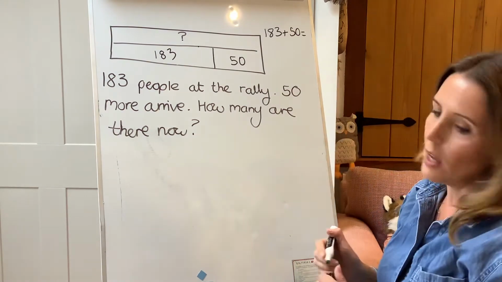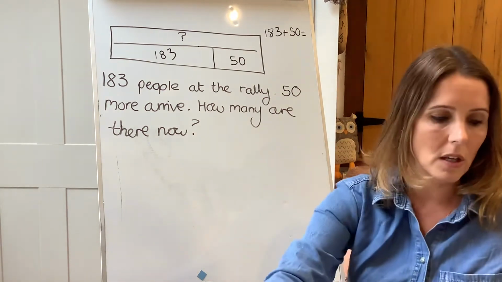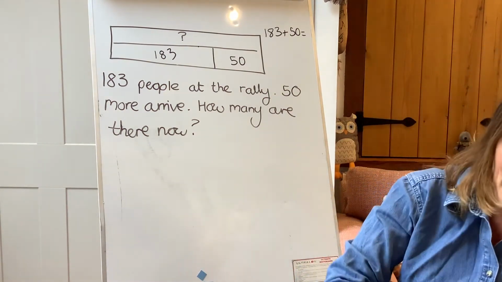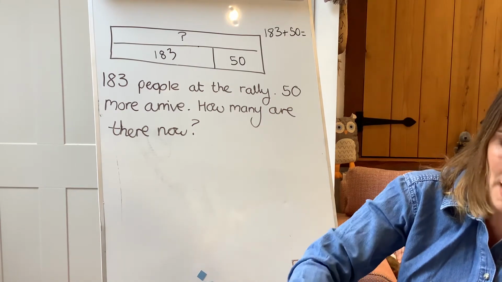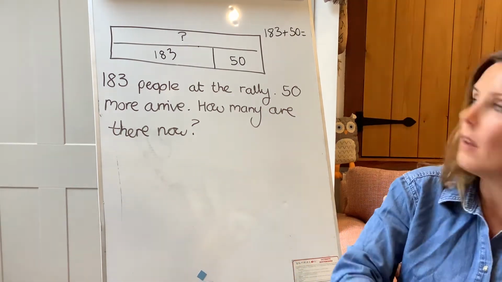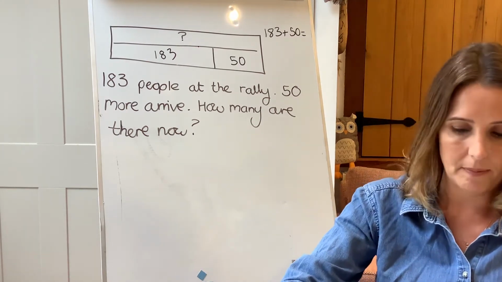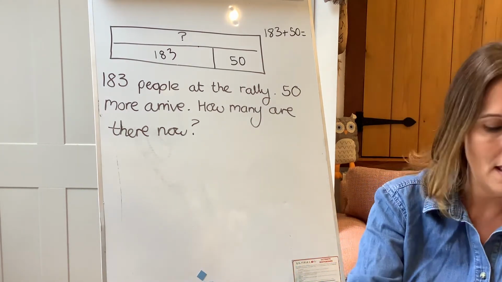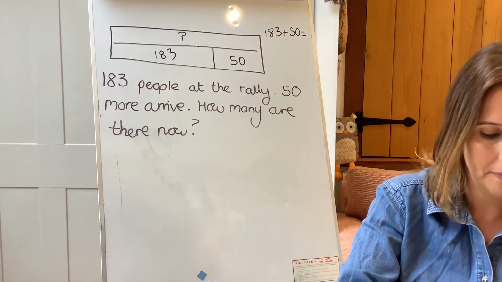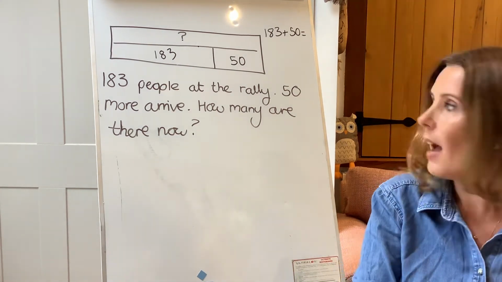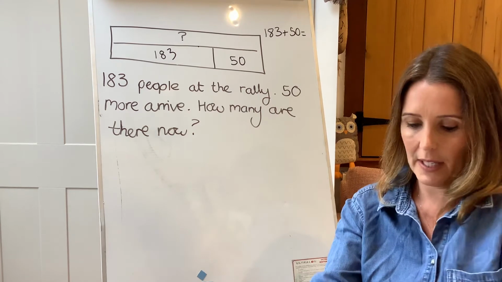Okay, so you can use the place value grid using base 10 or place value counters to work this out. So we start off with 183. And we're adding on 50.